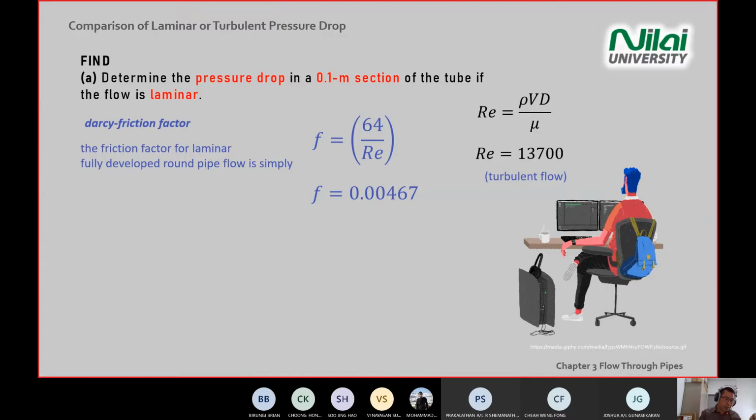And if you refer to the Moody chart on the left hand side, you know that your friction factor is only 2 decimal places. So it is fine if in your answer you have 4 decimal places or 3 decimal places, it will help you to plot a better chart later on. If you have more decimal places, then you know where to put your pen on the graph.